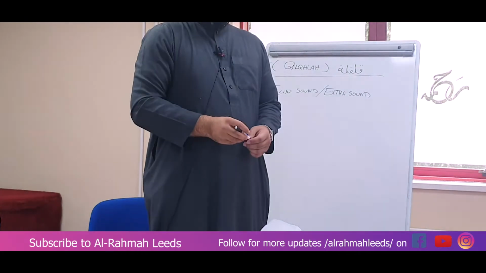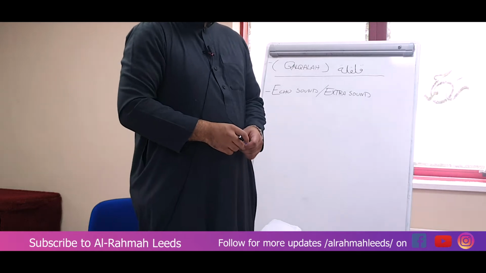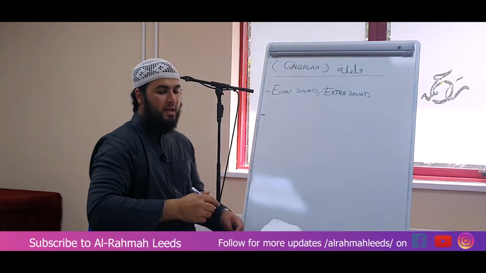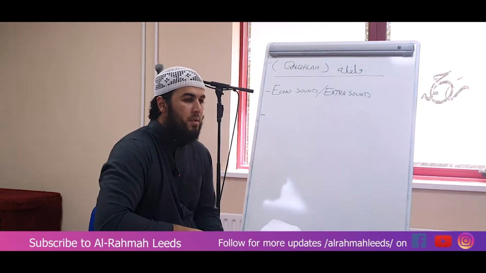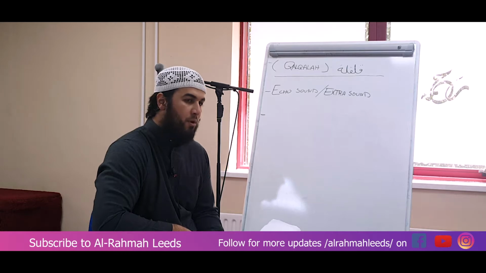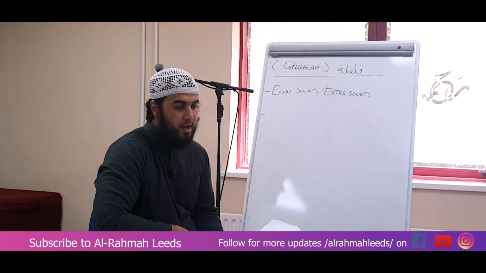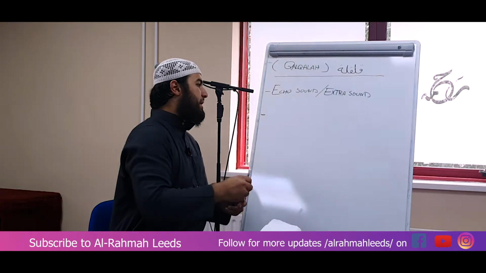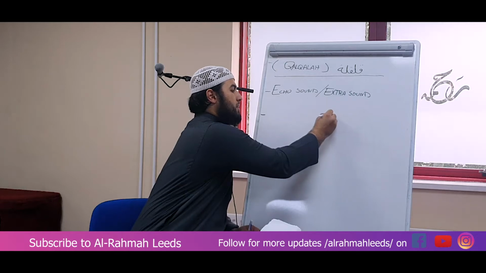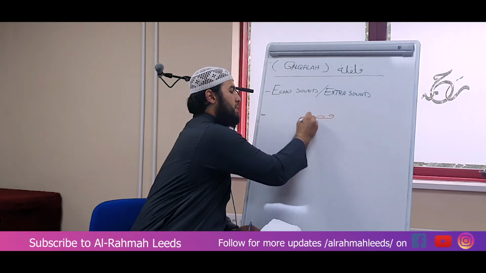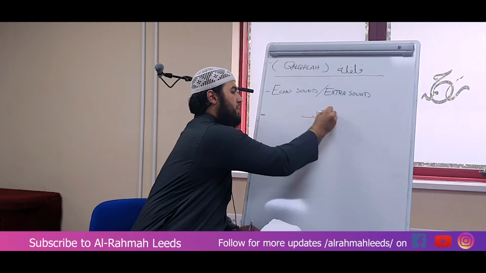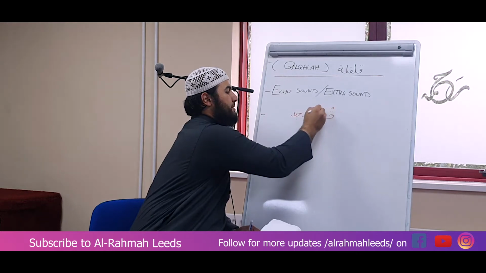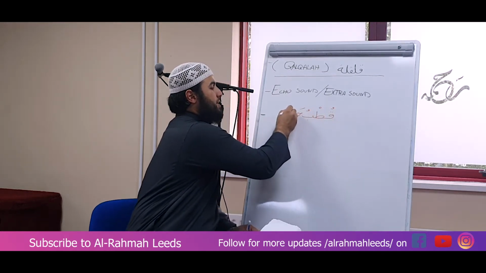And qalqalah has how many letters? Five letters. Like the useful phrases we learned before, خص ضغط قظ and يرملون, this one has also been combined into the phrase قطب جد. Say it, guys: قطب جد.